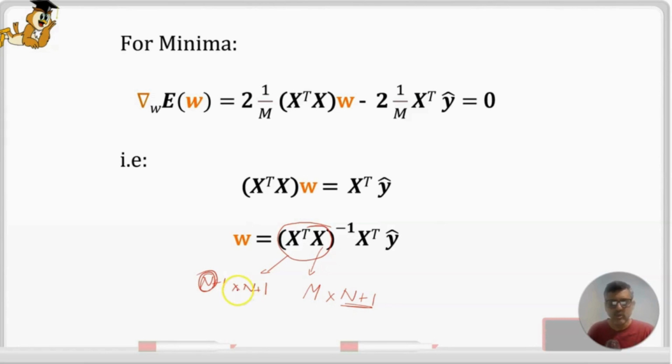So you are inverting a matrix of size N plus 1 by N plus 1. If you had, let's say, 5, 10, 50, 100 independent variables, these are the different parameters that you observe, that would be the size of the matrix that you are trying to invert, right?